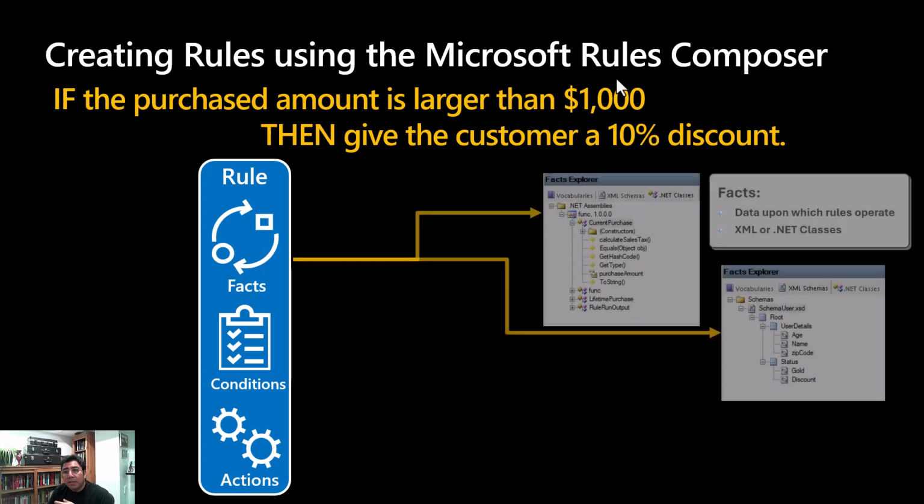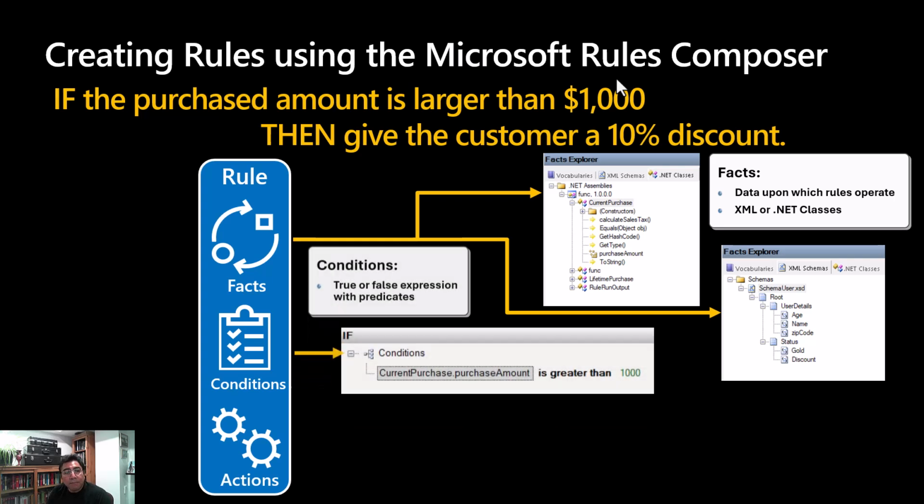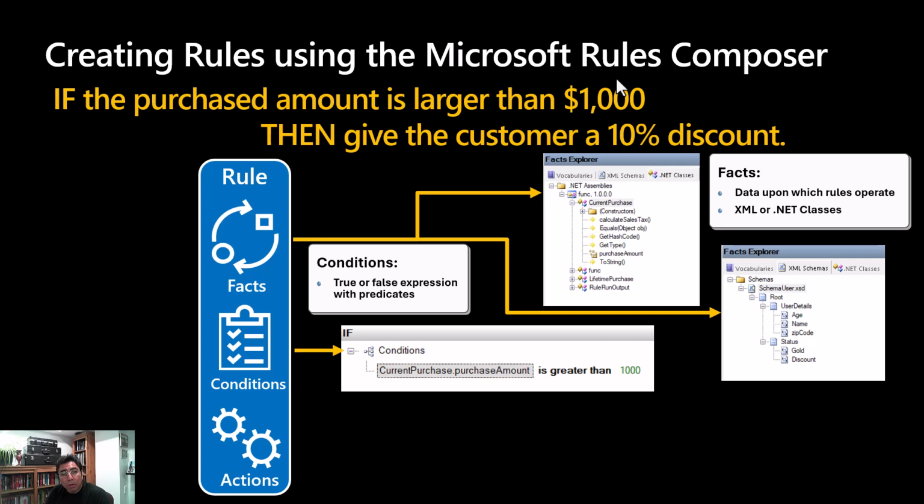What is a fact? It's the data upon which rules operate. Technically speaking, we have two types of facts in the rules engine: .NET assemblies or .NET classes, and XML schemas. And then on top of that, we have conditions. Conditions are true or false expressions with predicates.